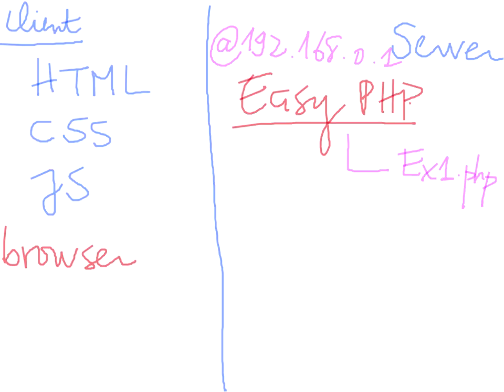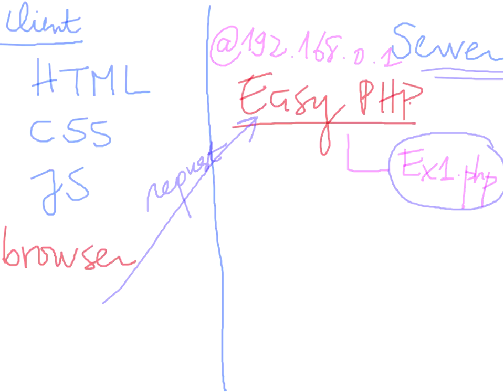Okay, so the browser sends a request to the server, and in this request we specify that we want to execute exercise1.php. So the browser sends a request to EasyPHP, to our server, and says, please execute exercise1.php.